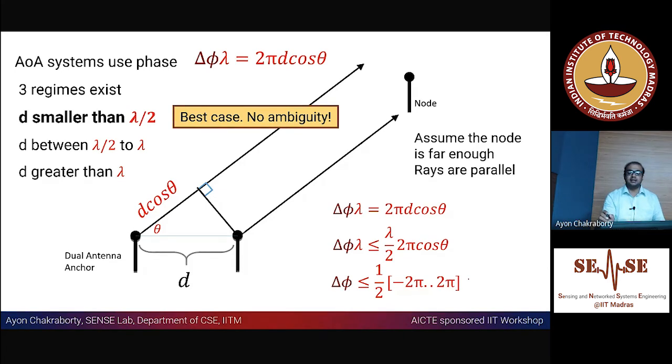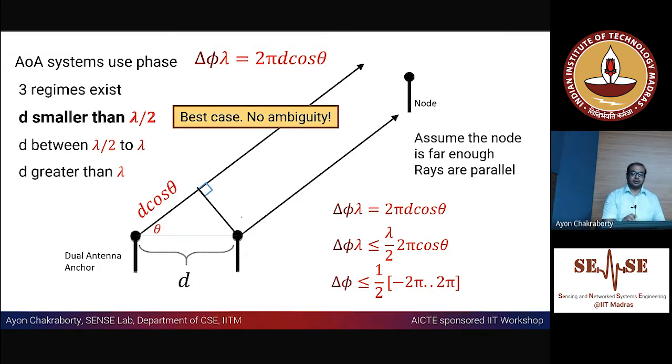The phase difference is just going to be less than half. In that way I can know the value of theta. It is going to be from minus pi to plus pi, and I'll be able to tell the direction also. It is going to pinpoint the direction of arrival.